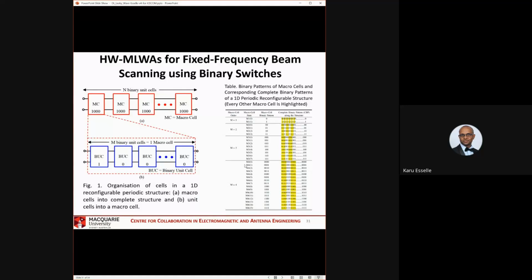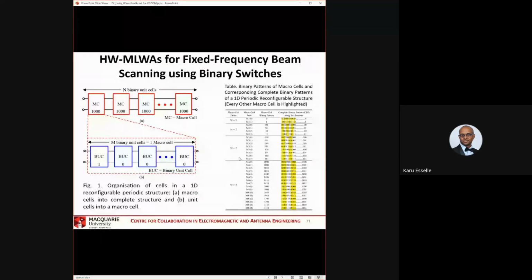And each macro cell has 4 bits. So each macro cell could have 2 to the power 4 different states, right? 2 to the power 4 different states, and these are listed here: 0, 0, 0, 0, then 0, 0, 0, 1, 0, 0, 1, 0, and so on.